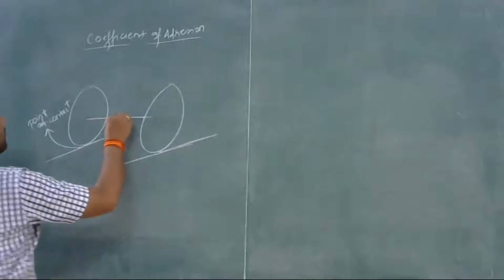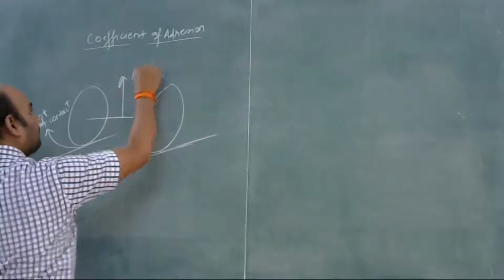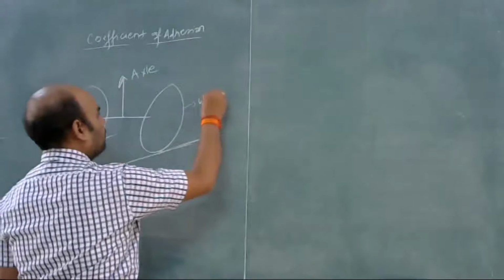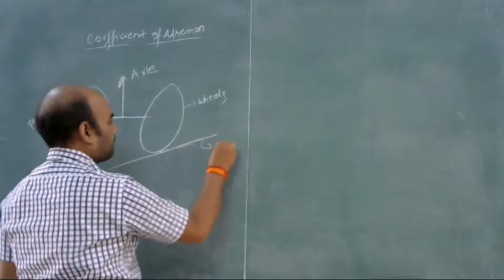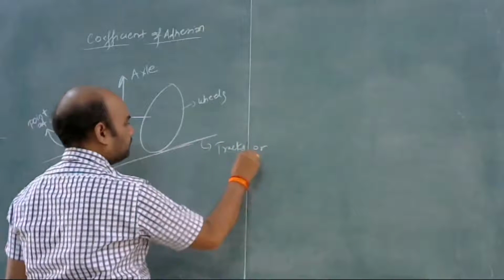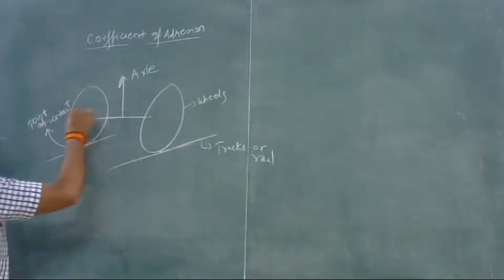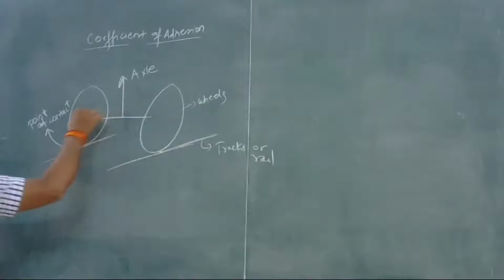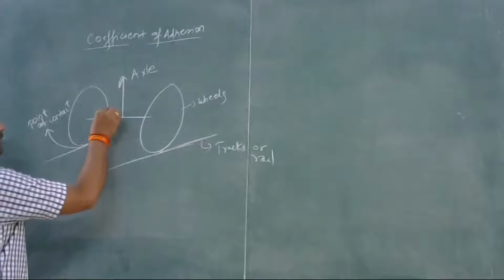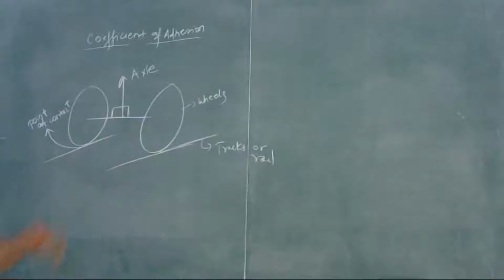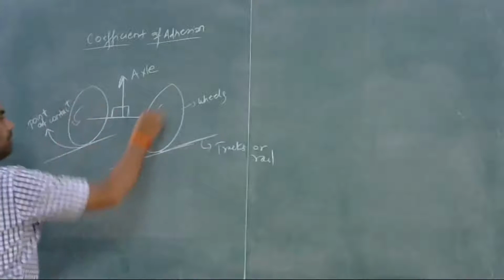These are wheels and these are tracks or rails, the big rails on which these wheels run, and these are connected to an axle. The motor is mounted on this axle, which drives the wheel.